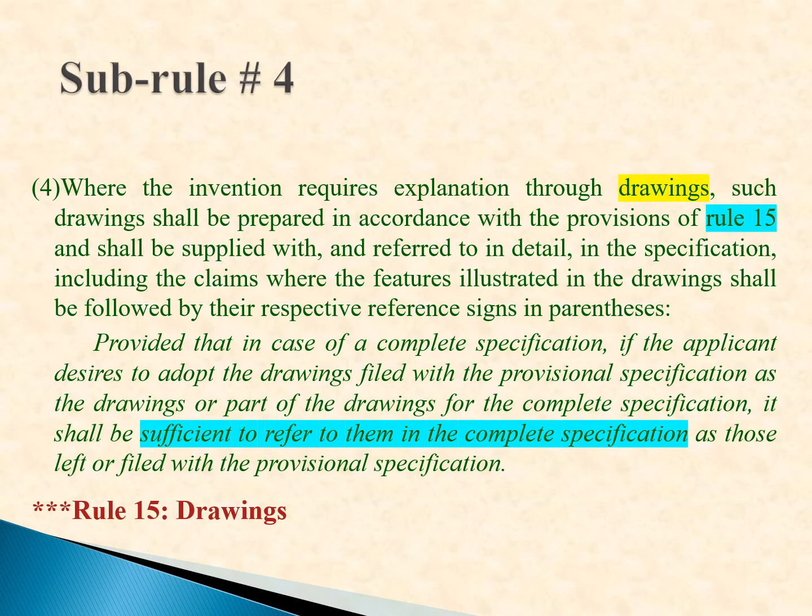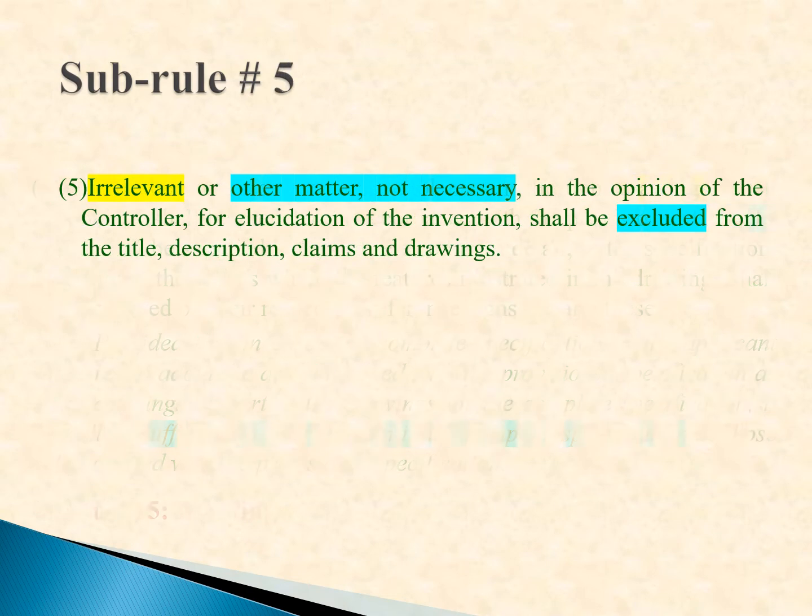Okay, let us proceed to subrule 5. Irrelevant or other matter not necessary in the opinion of the controller for elucidation of the invention shall be excluded from the title, description, claims and drawings.